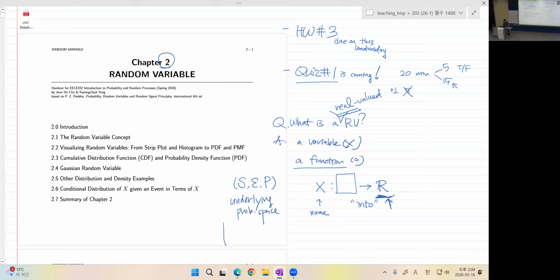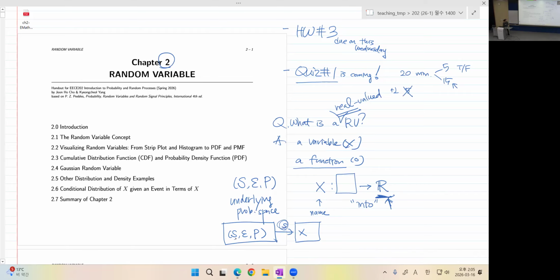So we have a box that outputs an outcome S. And the mechanism of this box is mathematically described by these three things: the so-called sample space, a sigma algebra of subsets of the sample space, and the probability measure P. So here goes the mapping rule X, which means that S, the outcome, is the input to the function.